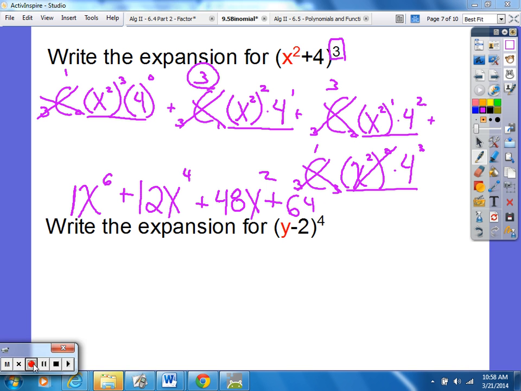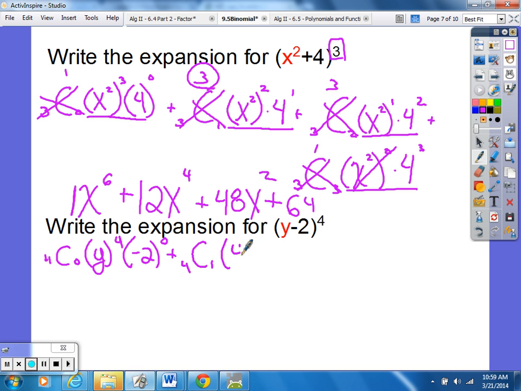Like the first one? So if I write this out, this would be 4C0, y to the 4th, negative 2 to the 0, plus 4C1, y to the 3rd, negative 2 to the 1st, plus 4C2.